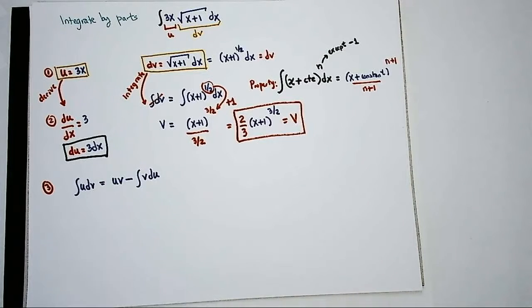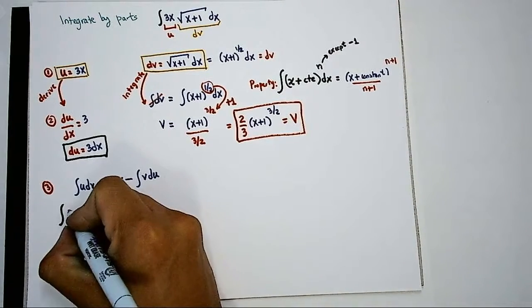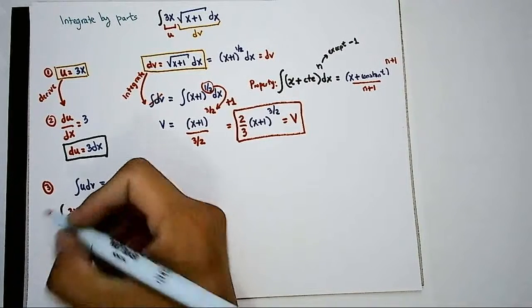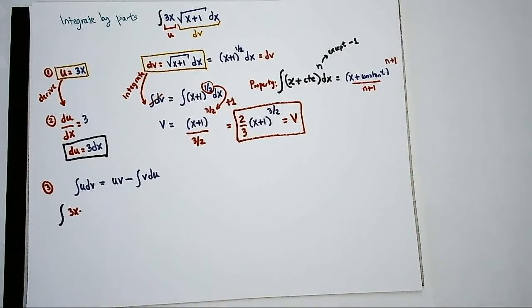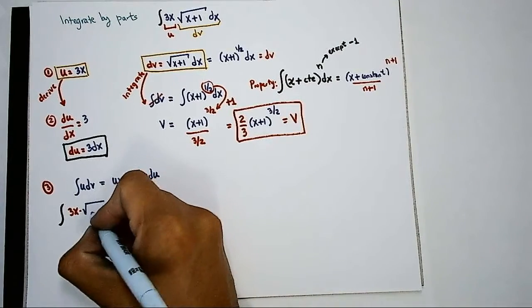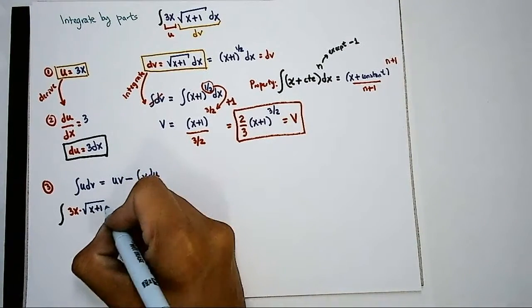Here, what we want to do is integrate 3x times the square root of x plus 1 dx.